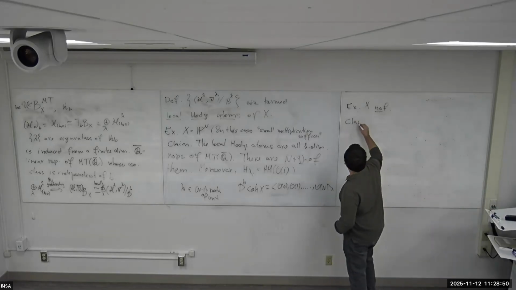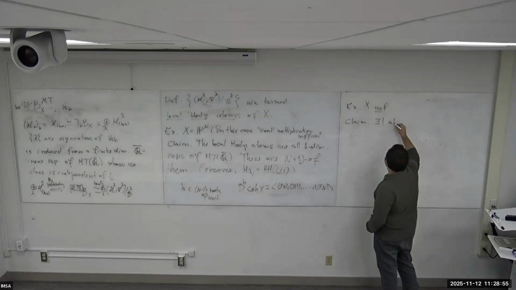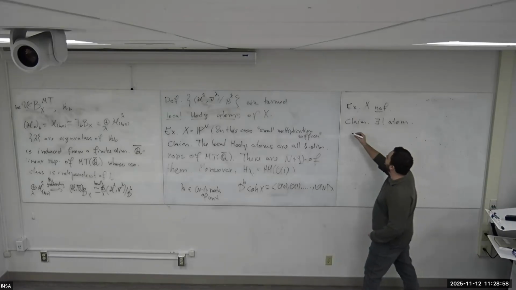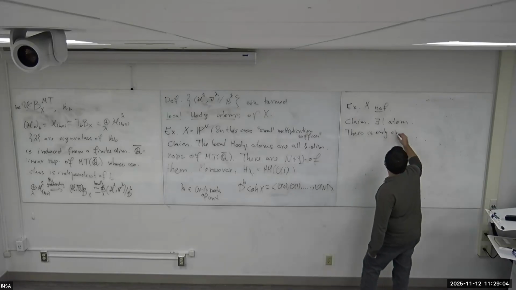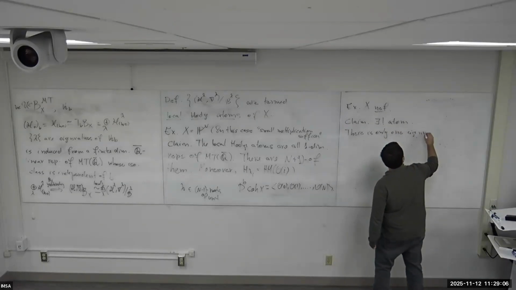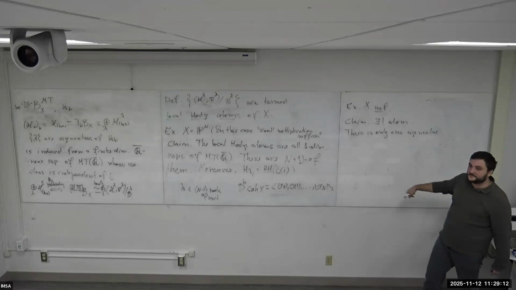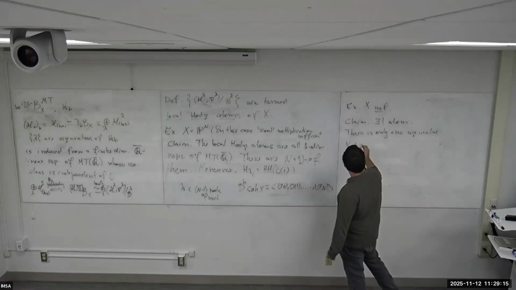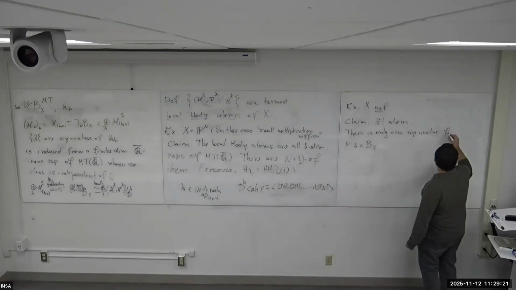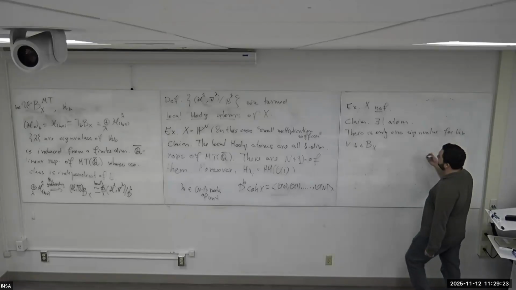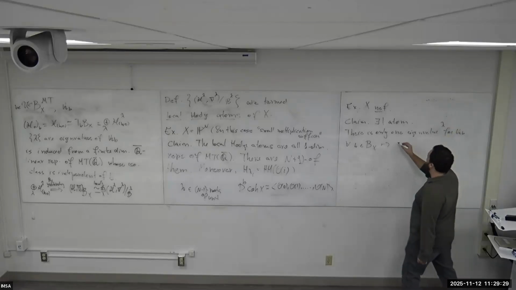Then the claim is there is only one atom, meaning there is only one eigenvalue. But actually here, no matter where you are on the base, in particular the generalized eigenspace, there is one eigenvalue, let's say lambda, that is common.